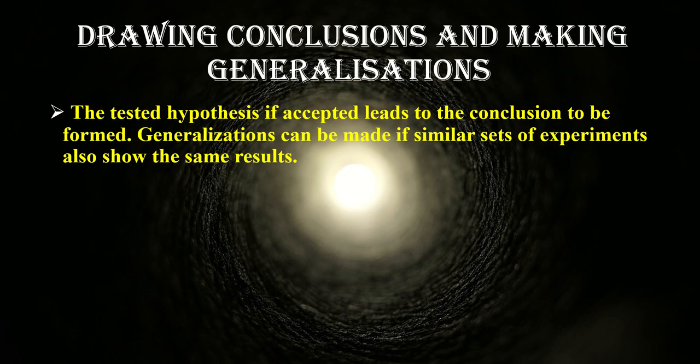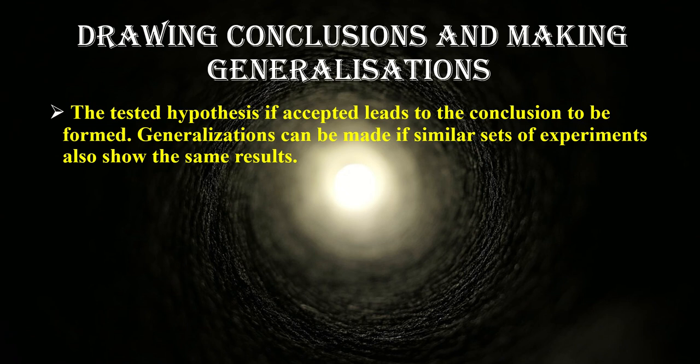In fact, the tested hypothesis is the conclusion to be reached at. Some demonstrations can be arranged to arrive at the conclusion. The generalization can be made by arranging a set of experiments which also show the same conclusion already reached.